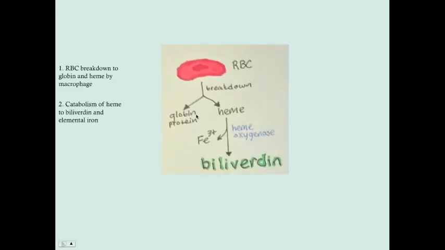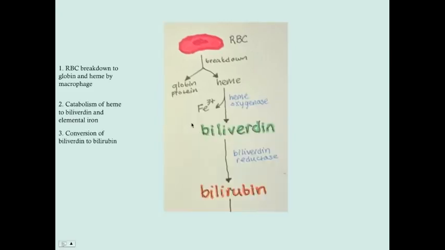So the heme is separated, the iron is taken off, and the heme then becomes biliverdin, and the enzyme that facilitates that process is called heme oxygenase, and that iron then can be recycled. Biliverdin then gets converted to bilirubin, and that's by the enzyme biliverdin reductase.